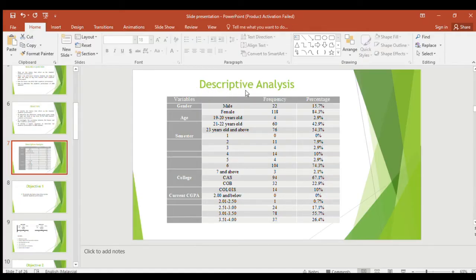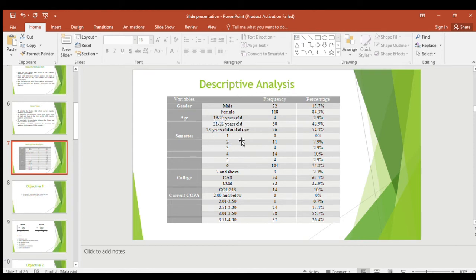For our descriptive analysis, we find that for gender, female is more than male, which is 180 students and 22 students for male. For age, 19 to 20 years old only 4, 21 until 22 years old 60 students, and 23 years old and above 76, which is 54.3%, more than other ages.